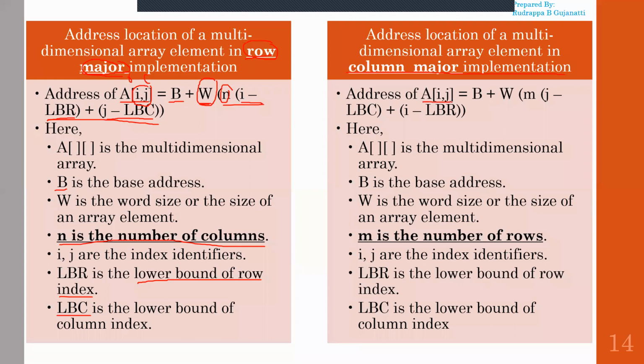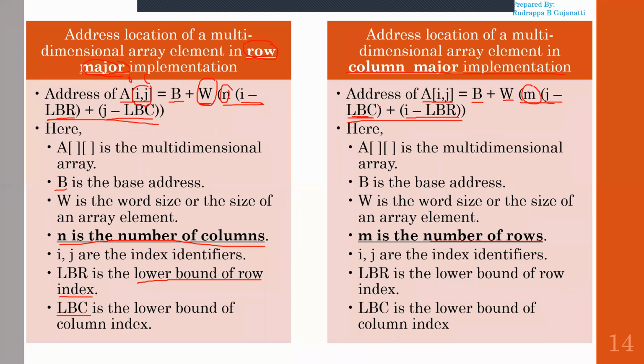The address of the element present at the ith row and jth column will be equal to the base address plus the word size, the whole multiplied with this parameter, and in this parameter we have m multiplied with, where m specifies the number of rows, multiplied with j, the column, minus the lower bound of column, plus i minus the lower bound of row.